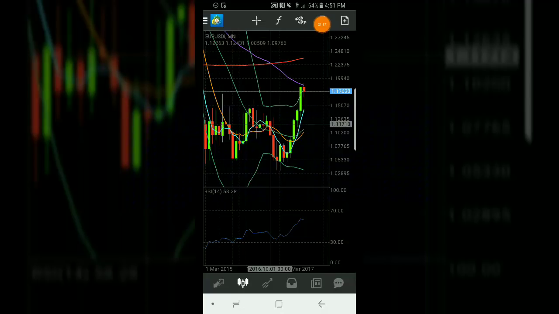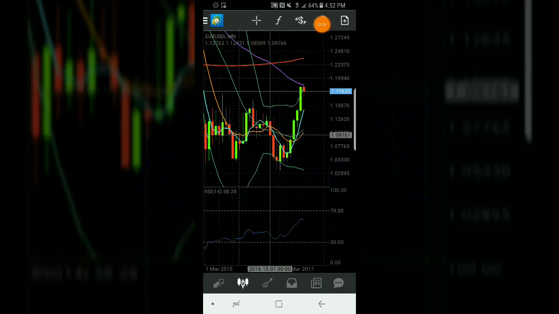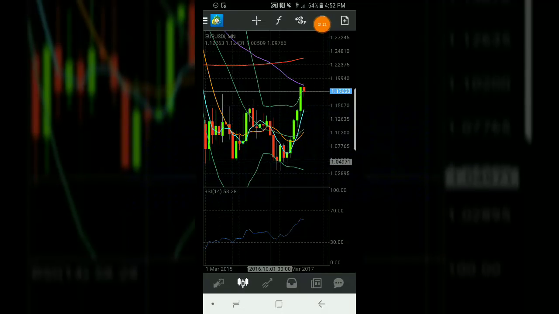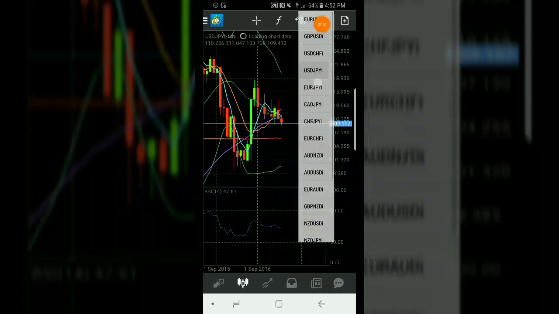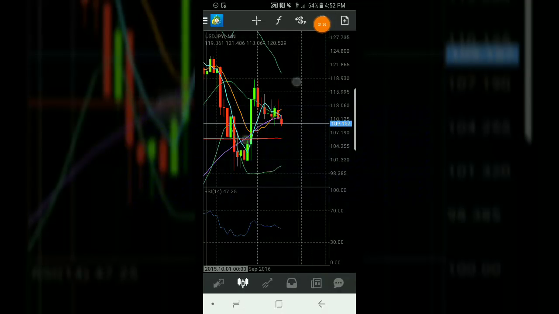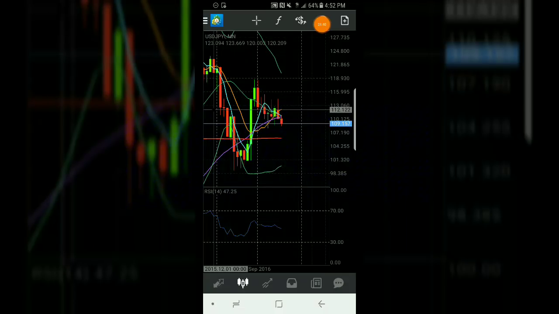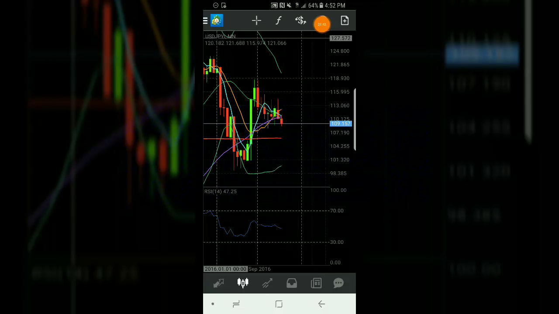That means the US dollar is going to go down. So all pairs with the U at the back means that the chart is going to go up. So the US dollar, if you got UJ for US Japan, well, that's going to go down. Over here, if I go to UJ, and this is a monthly, this is going to go down right here because the U is at the front, leading pair, so that means we're weakening.